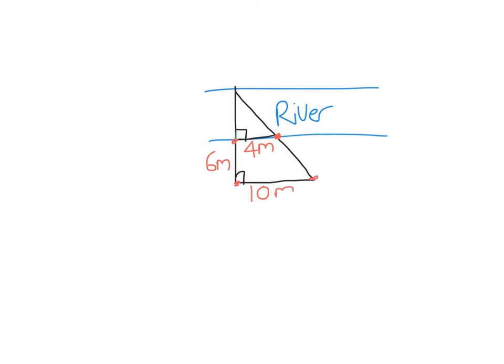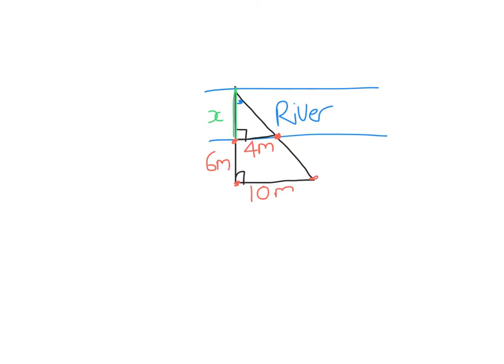So the width of the river is this length here, x. So what I have here are two right-angled triangles. So they are similar because they both have a right angle and they have a common angle here. Doesn't matter what it is, it's in both triangles, so it must be equal. So once again, by the AAA test, these two triangles, small one and big one, are similar.